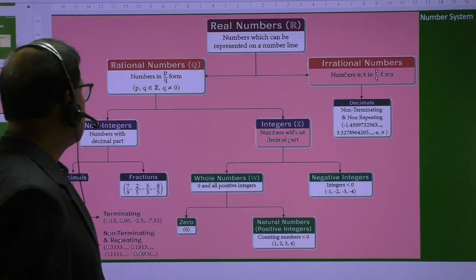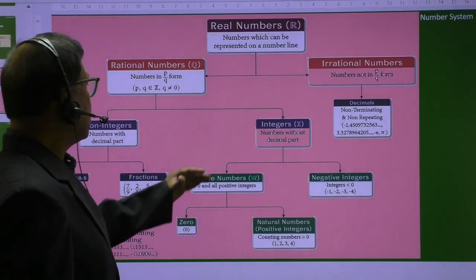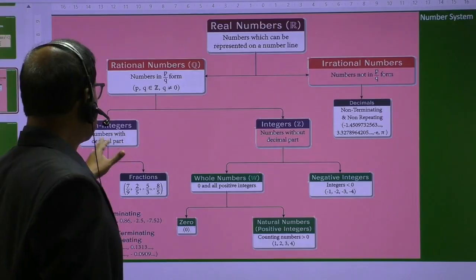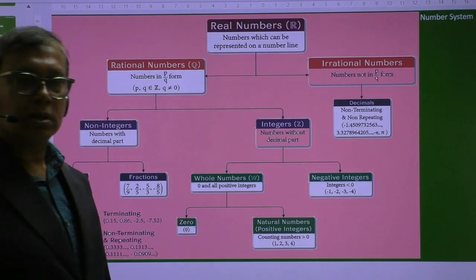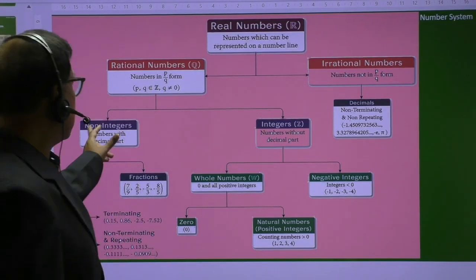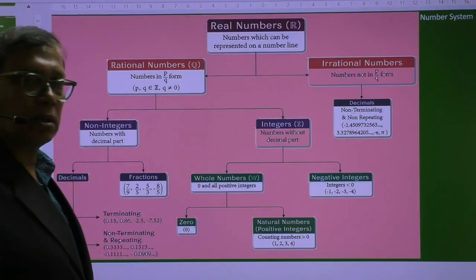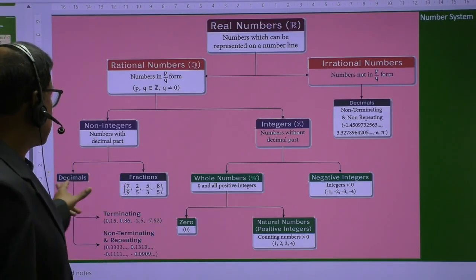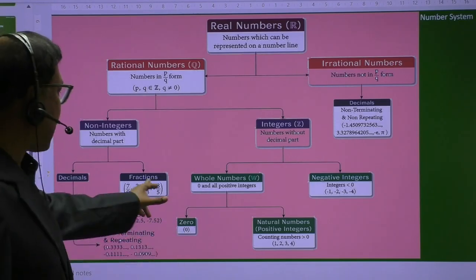Now see, here non-integers numbers also. Under non-integer numbers we are getting two types of number, decimals and fractions.